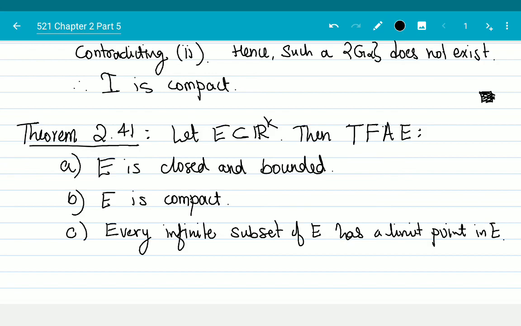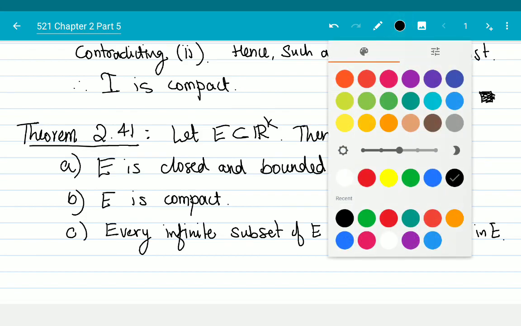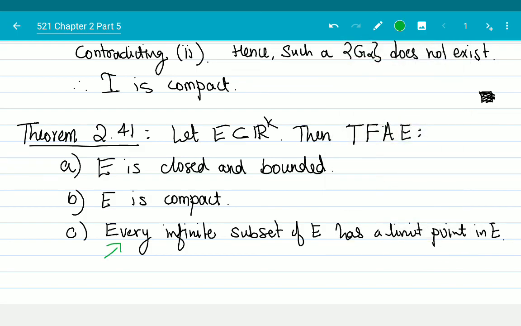I think we showed B implies C before in theorem 2.37, and this definition is called limit point compact.